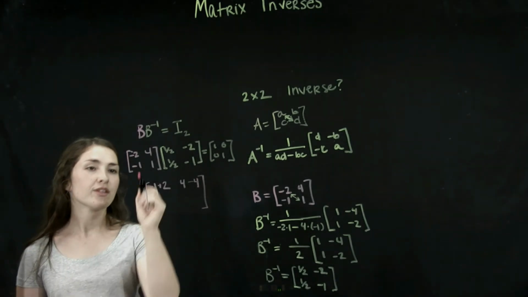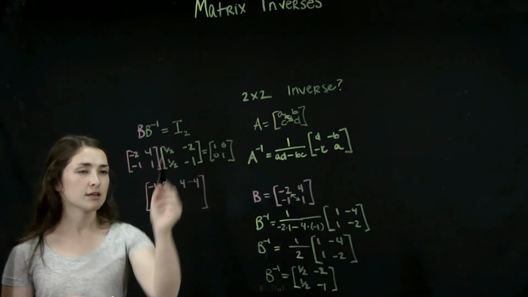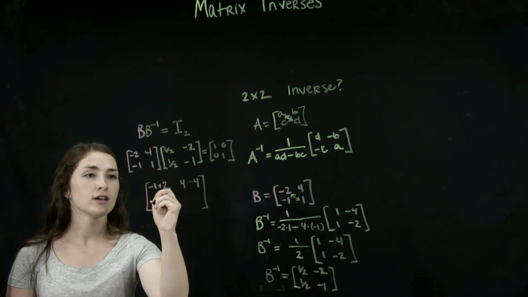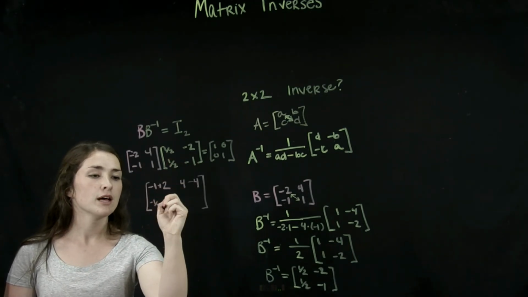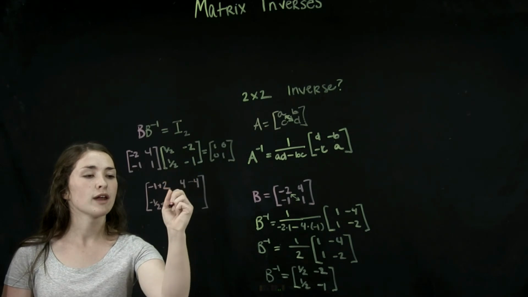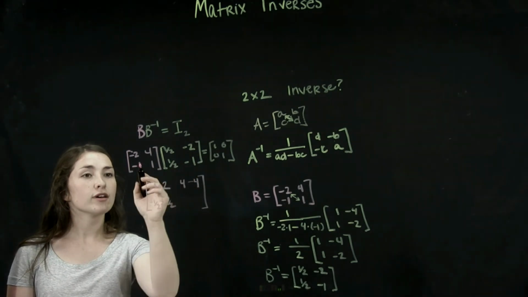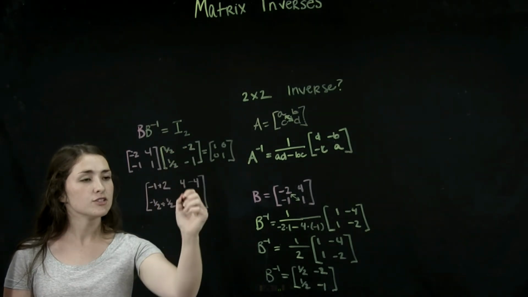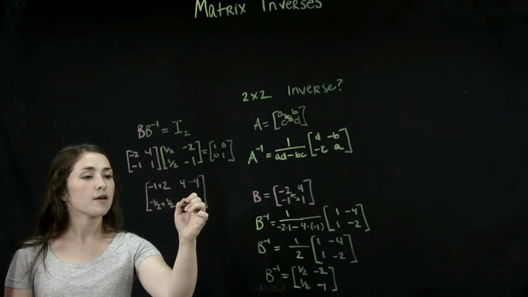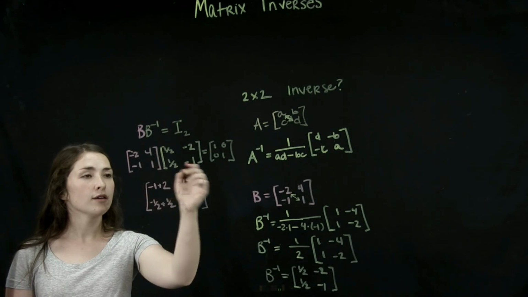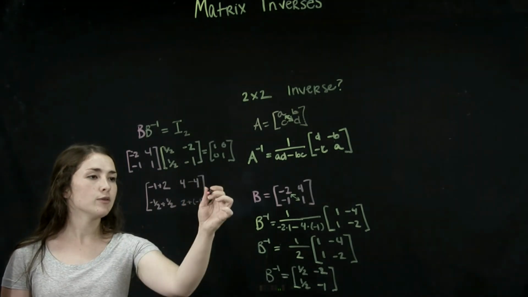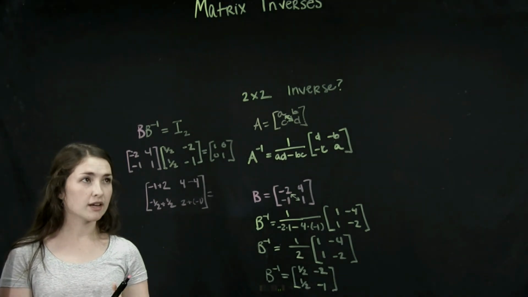And then we have our second row times our first column, negative 1/2. Negative 1 times 1/2 is negative 1/2 plus 1 times 1/2, which is 1/2. And then we have finally negative 1 times negative 2, which is 2, plus 1 times negative 1, which is negative 1.